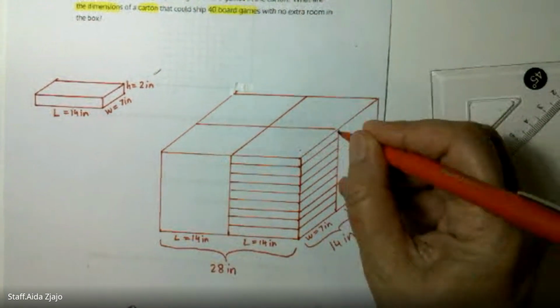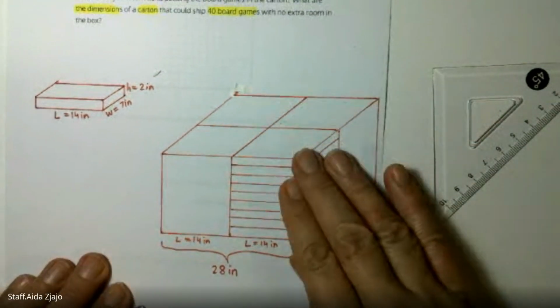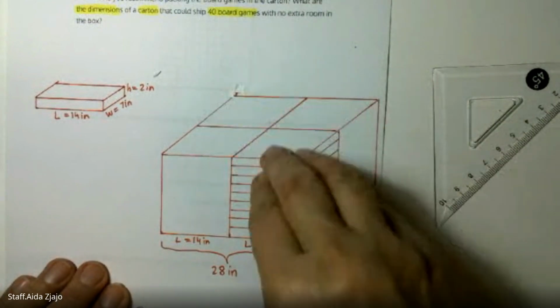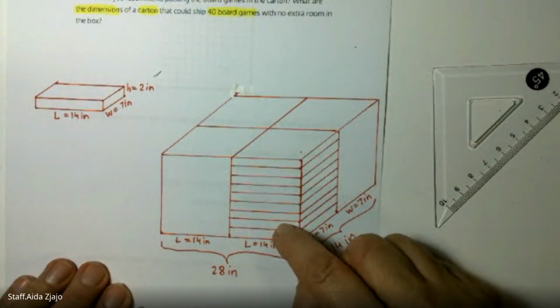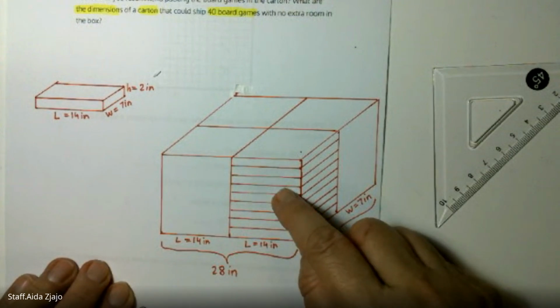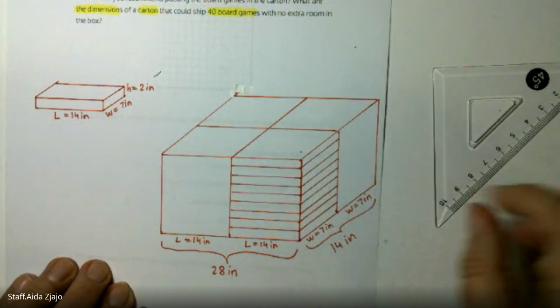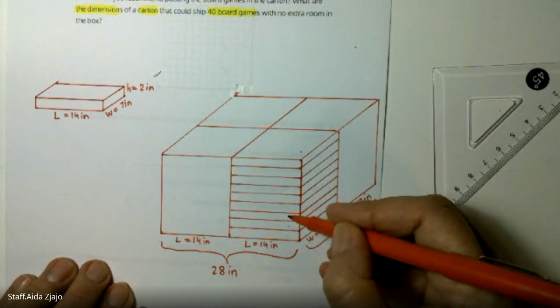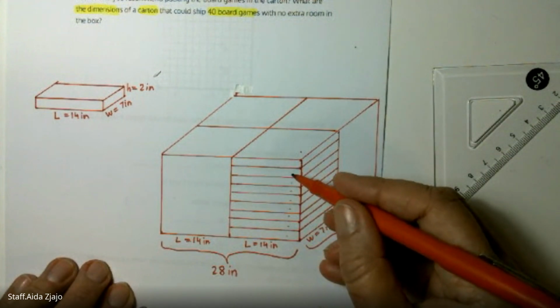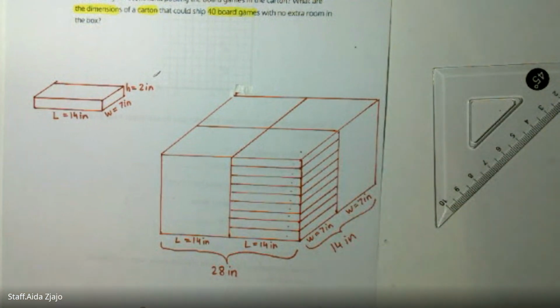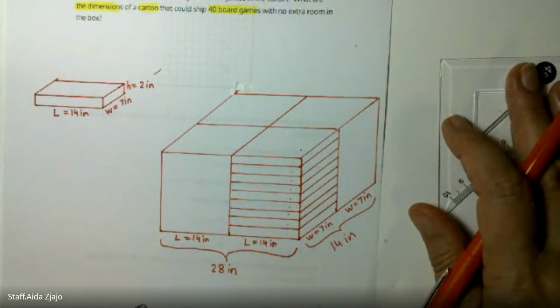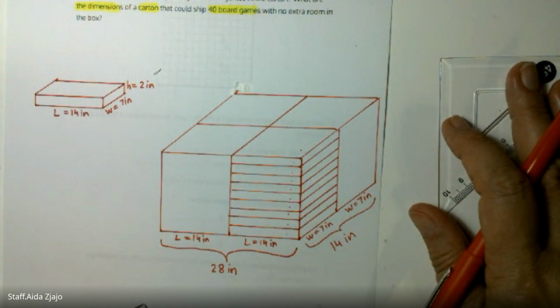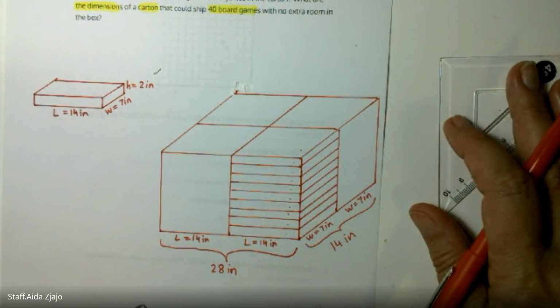So here we go. In this corner of the box, I will have 10 games. 1, 2, 3, 4, 5, 6, 7, 8. Did I mess up? 1, 2, 3, 4, 5, 6, 7, 8, 9. Problem. I needed 10. So I have to make an exception. How can I fix the problem, guys?